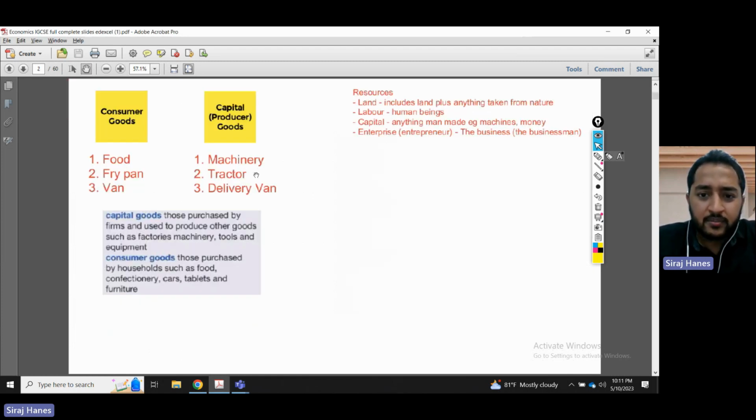These are all the resources we have in our country. Land includes anything that's physical land or anything that's taken from nature. Labor is obviously human efforts, human beings. Capital is anything man-made, like machines and money, and enterprise is sometimes the entrepreneur, the business or the business person.